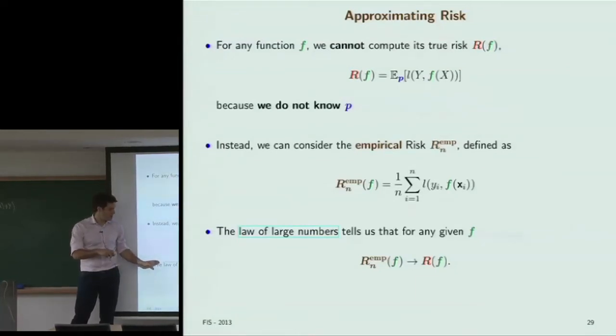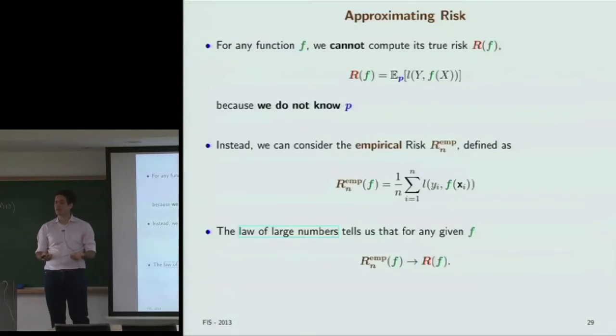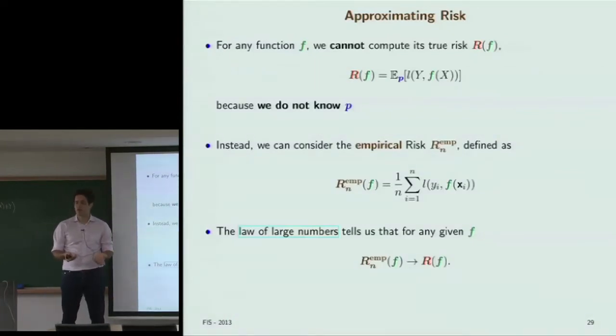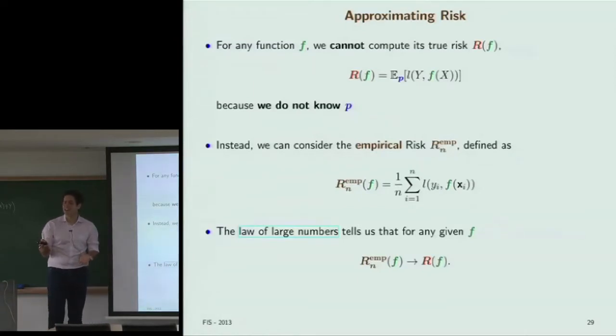For this law of large numbers to apply, what is exactly needed? IID? Yes, I think someone maybe said that. Basically, the data has to be IID. Otherwise, it will not work.